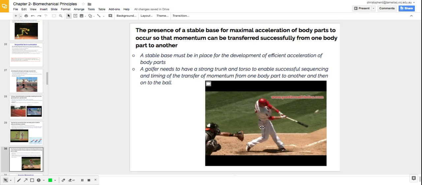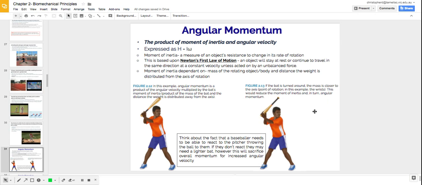For a golfer, or exactly the same for a baseball player, you need to have a strong trunk and torso to be able to sequence and time the transfer of momentum from one body part to another. In this slow motion video, you can see the generation of force when they are stable, and then the bat is allowed to come through.